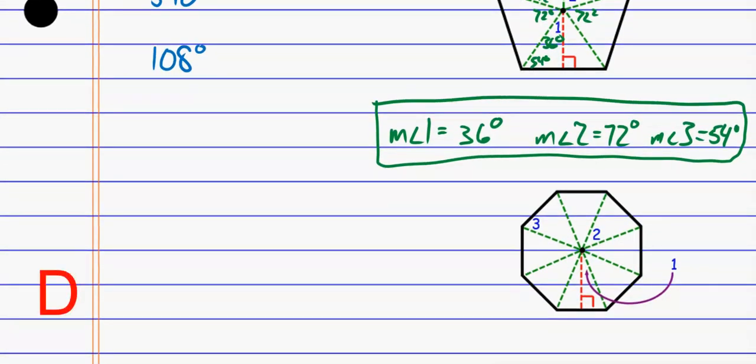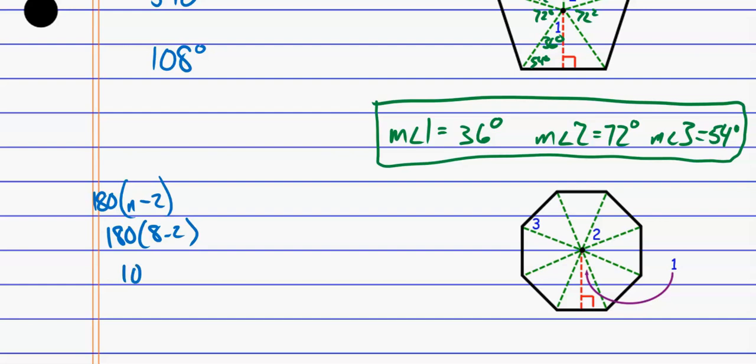If we look at this one, again, I want to find all of these. So once again, this one is an octagon this time. So because it's an octagon, again, I do 180 times n minus 2 to find the measurement of all of those angles together. So all the interior angles, so 180 times the 6.